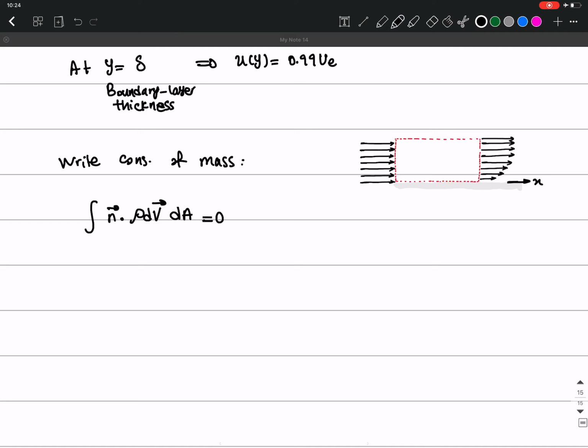And assume that the width of this plate is also W. So the plate could be something like this. And so the width is W, okay?